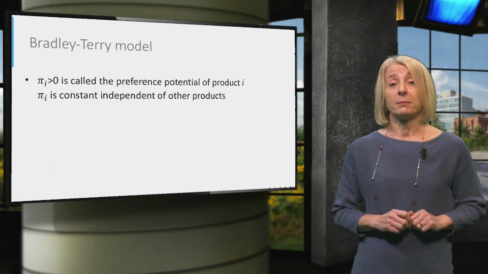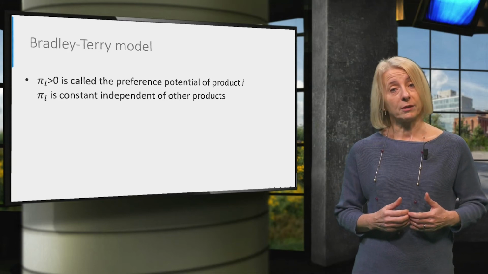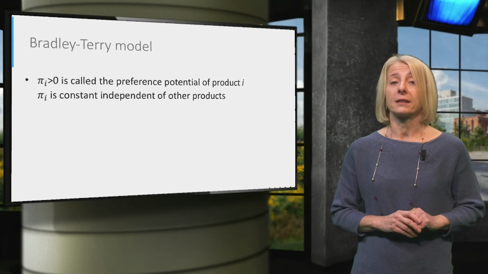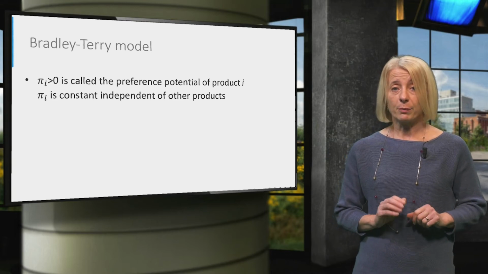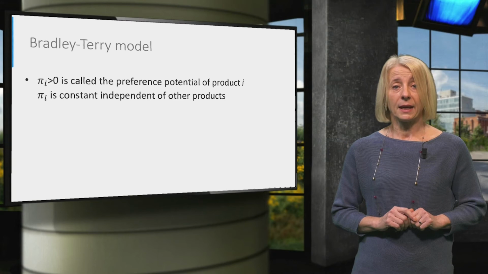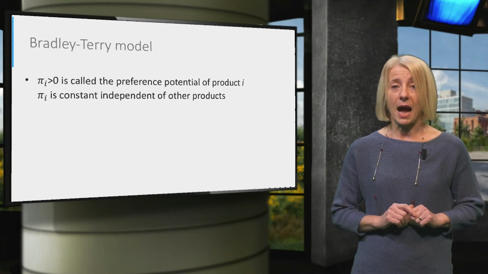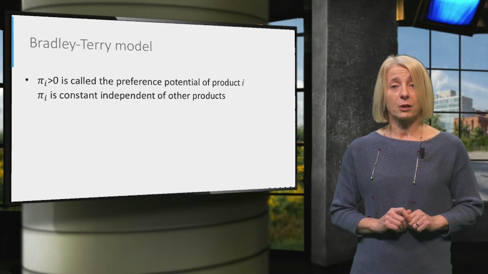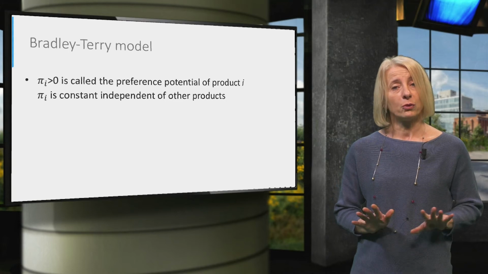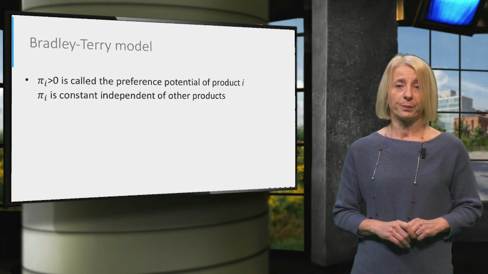In order to find the market share of each snack, we propose a simple model named after 2 scientists, Bradley and Terry, who presented it in 1952. In this model, to each product a non-negative preference potential, denoted as pi_i, is assigned. These preference potentials are assumed to be constant. They do not depend on when and which products are compared.